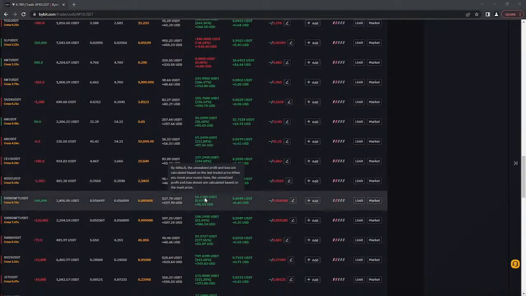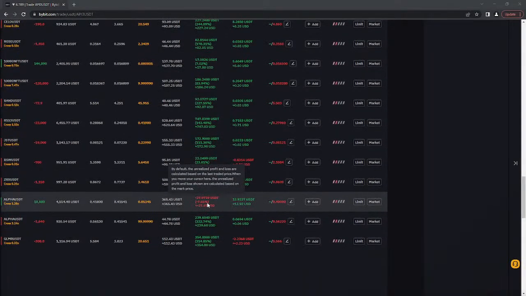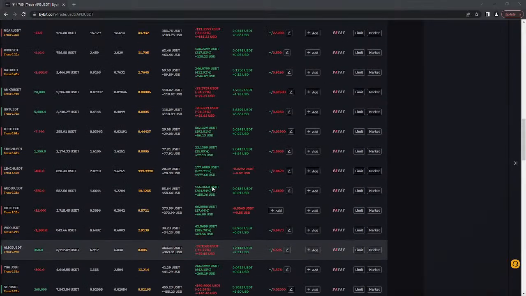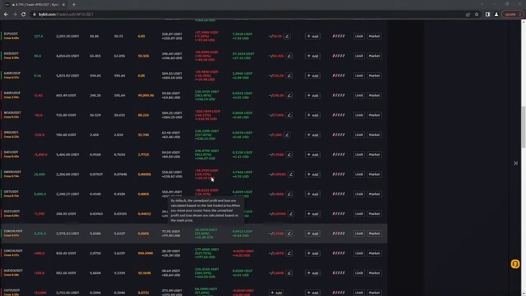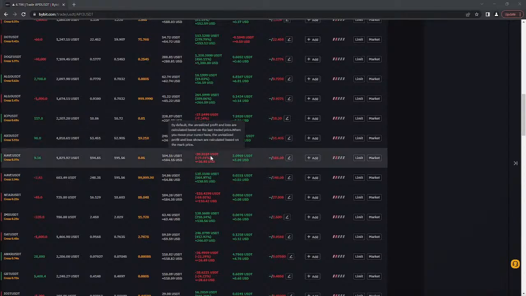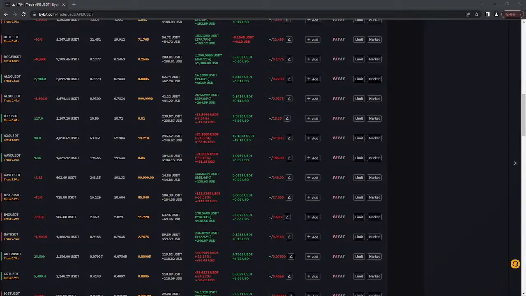AR is still good. This one is still good. This one is in the red. Let's see what actually is happening over here.